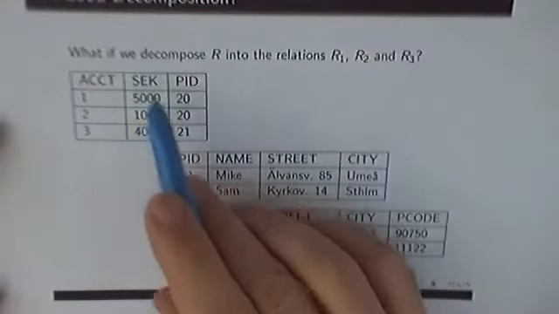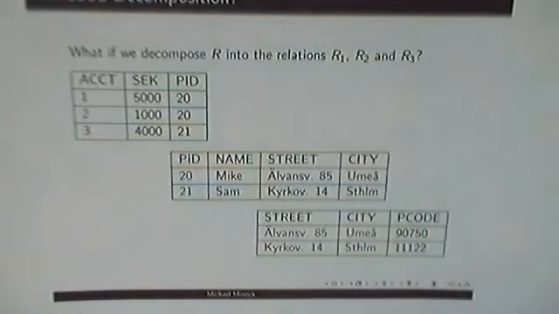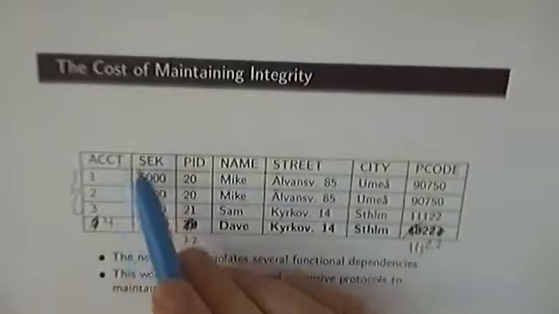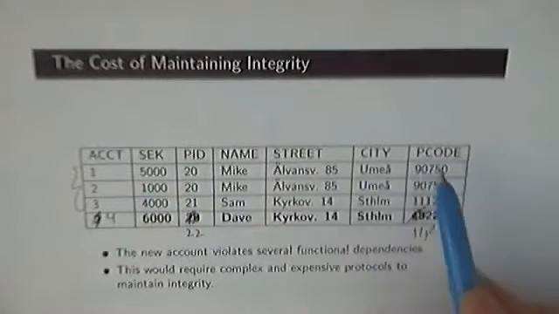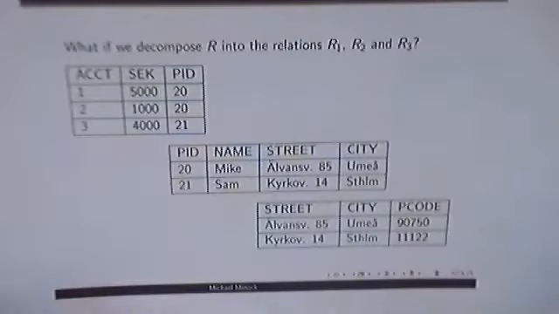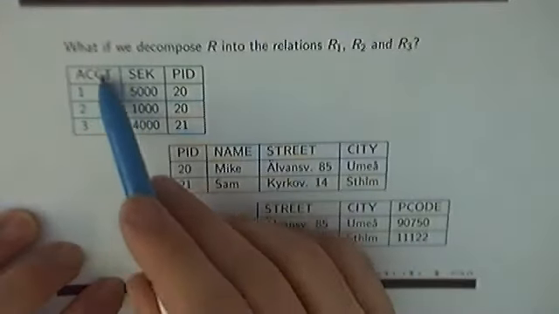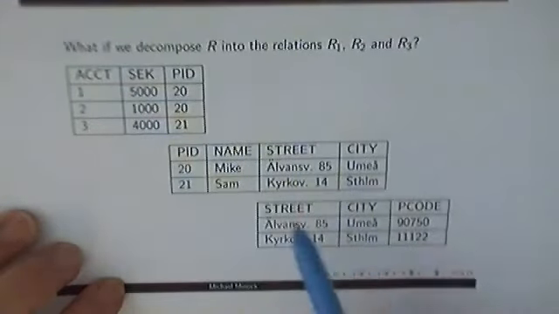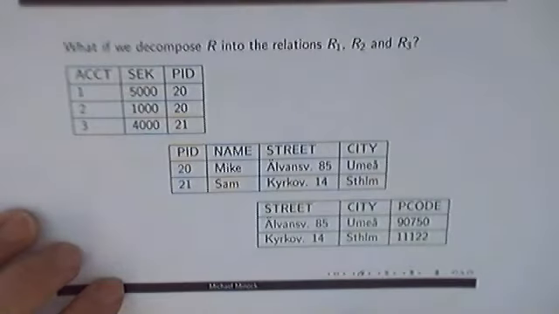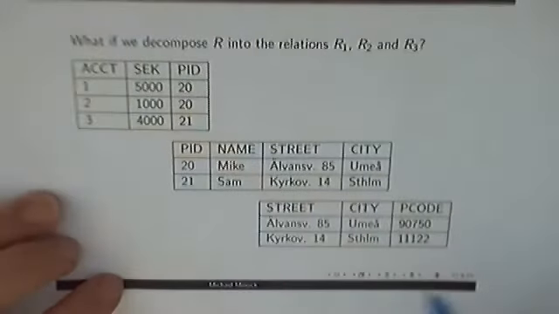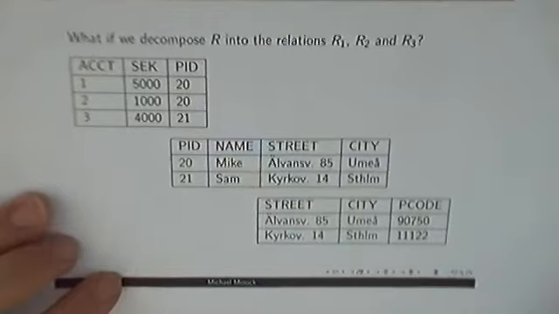So what we're doing is we're taking this table that has 7 attributes and busting it into a decomposition of 3 tables, or 3 relations, that have a total of 10 attributes. Some of these attributes are repeated, though, of course. All right, so let's look at that right there.